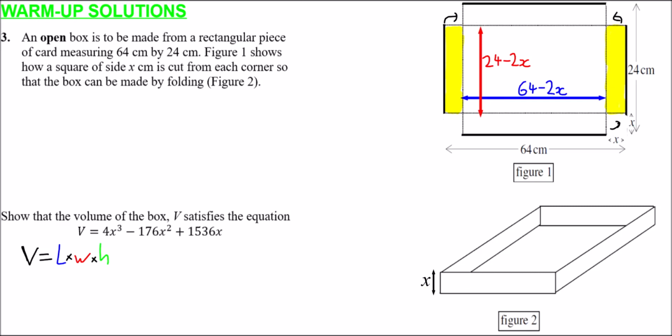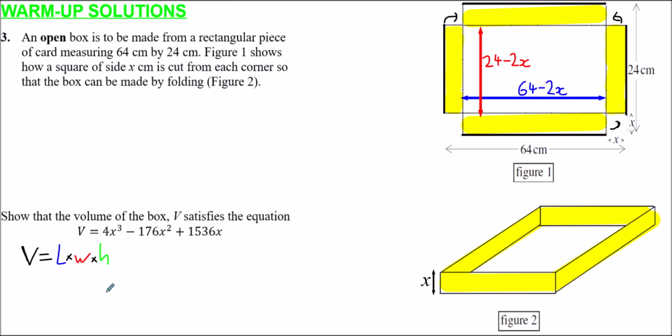I'll just roughly colour this in, because I don't want to take too long, despite the fact I'm a bit of a neat freak when it comes to these things. So these are making these sides, and we're told that they have height x. So the height is going to be x.